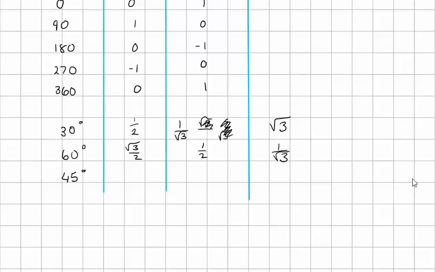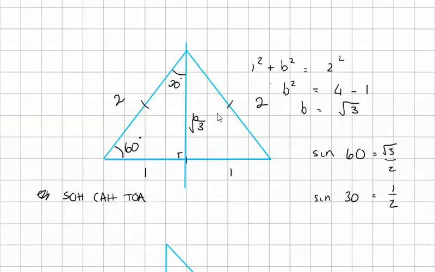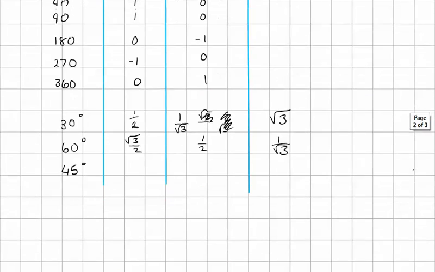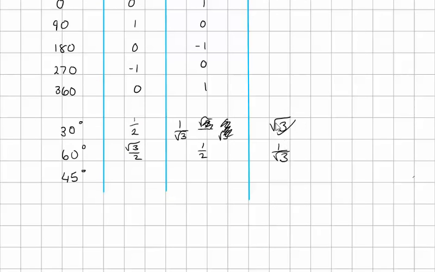There's root 3. So tan of 30, we've got opposite over adjacent, so tan of 30 should be 1 over root 3. Okay, we'll give you that. And therefore this one should be root 3, good. Anything else? Cos of 30 should be root 3 over 2. Good, fine.